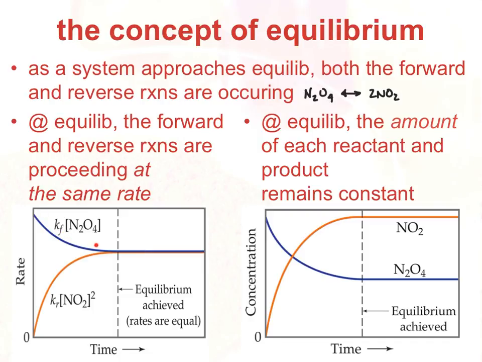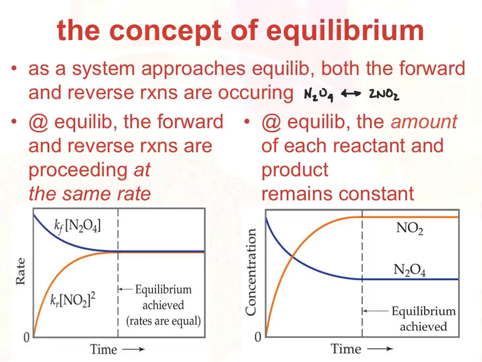Simultaneously, as we start to produce more and more NO2, that reverse reaction starts to occur and its rate begins to increase. Now, we reach a point at which the rates of the forward and the reverse processes are the same. At that point, we have reached equilibrium.